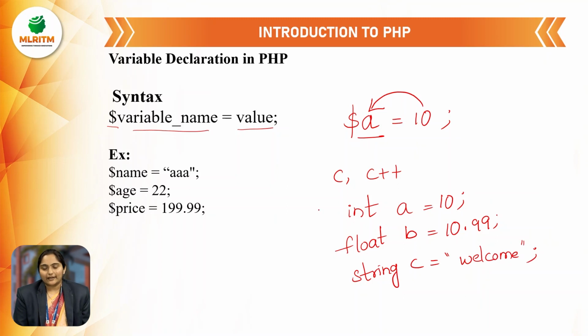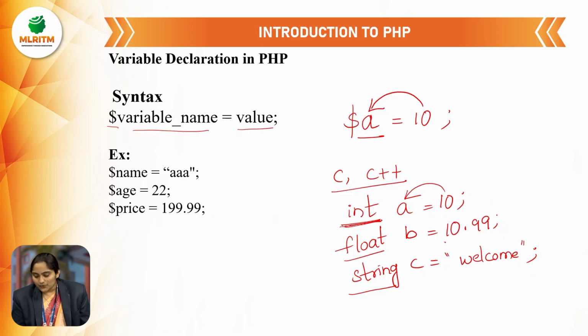In other programming languages like C and C++, we have to specify the type of data we are going to store in a variable. For example, so I'm going to store the value 10 in variable a. So I have to mention what type of data it is, integer type of data. So I have to mention int here. For example, if I'm trying to store floating point data, I have to mention float here. And here I'm storing a string into a variable c, so I have to specify the data type, that is string.